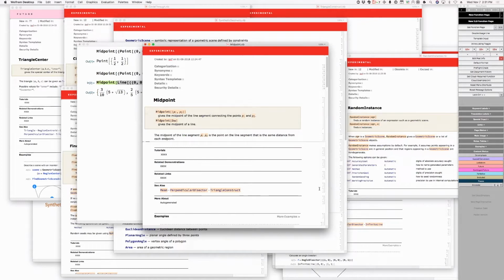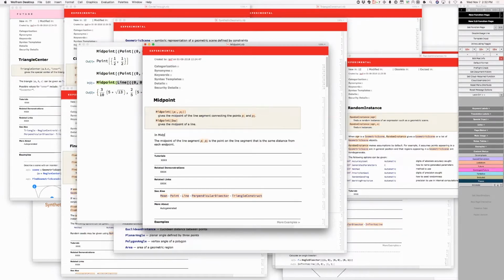Okay, so first of all, here, this certainly should point to mean, but it should also point to point and line, presumably. Okay, all right.